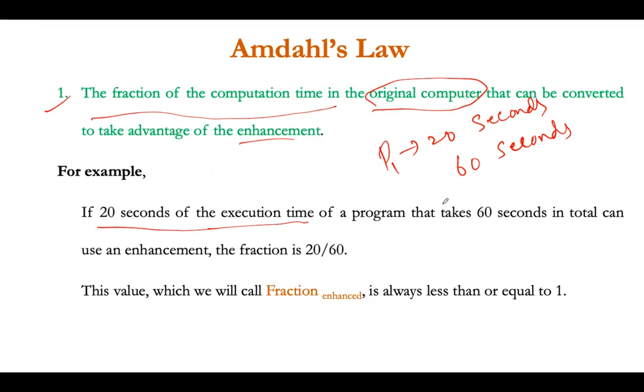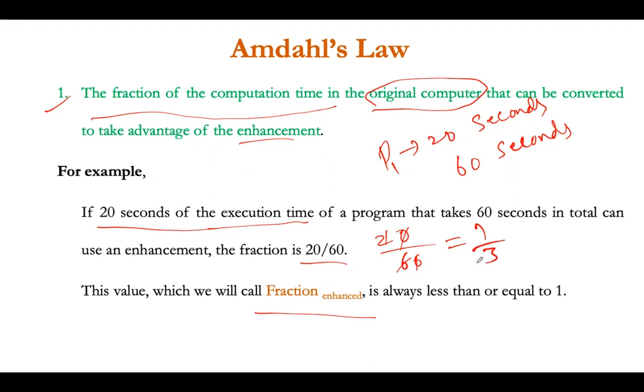So the fraction is calculated as 20 divided by 60. This value, which we call the fraction enhanced, is 1 by 3.